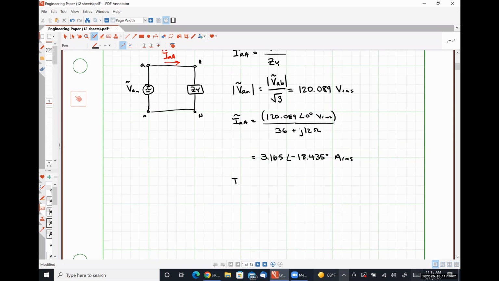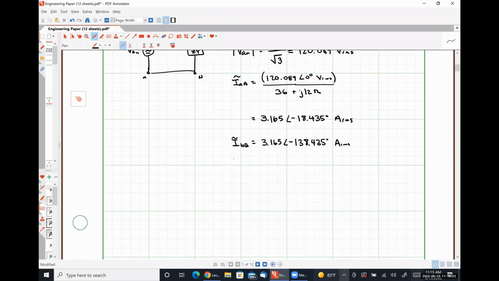So without doing any extra analysis whatsoever, we can say that IBB is 3.165 angle negative 138.435 degrees amps RMS, and ICC is 3.165 angle negative 258.435 degrees amps RMS.